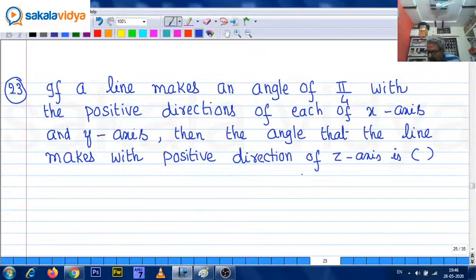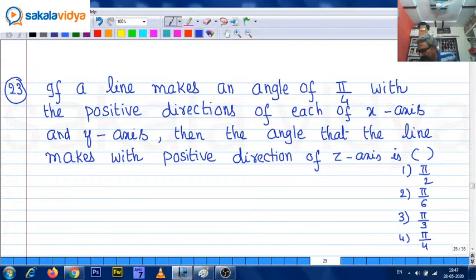Okay. Right now, first option is pi by 2. Second option pi by 6. Third option is pi by 3. Fourth option pi by 4. Okay.